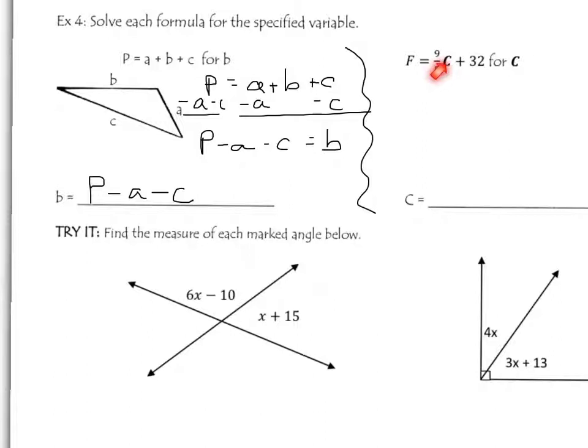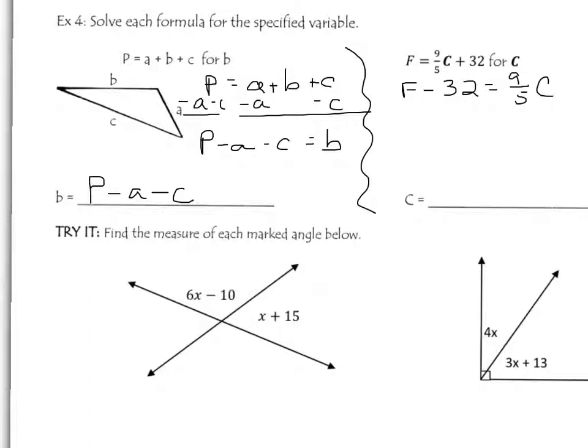So the first thing we're going to do is subtract 32 from both sides so that we can get the C term by itself. So we have F minus 32 equals 9/5 C. And you can verify that yourself if you're not sure about it.